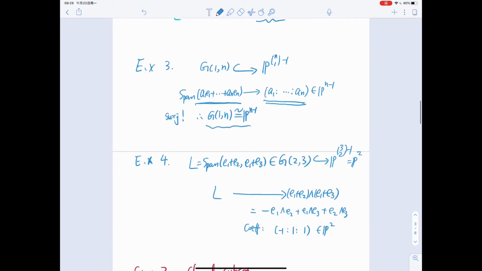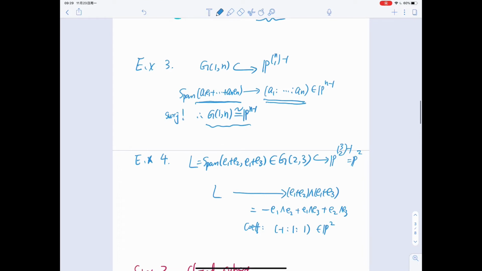Next example, we see a two-dimensional subspace L in G(2,3).